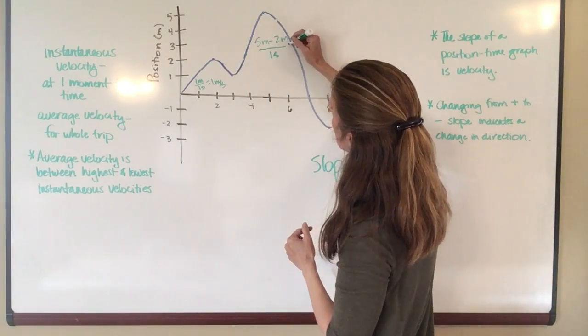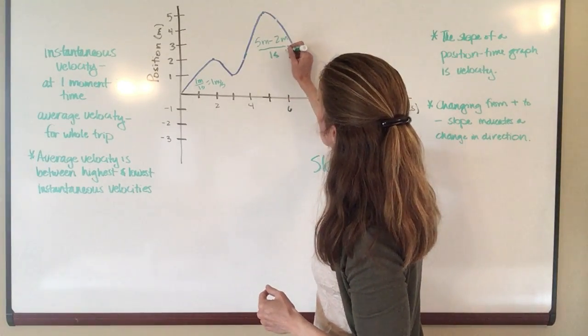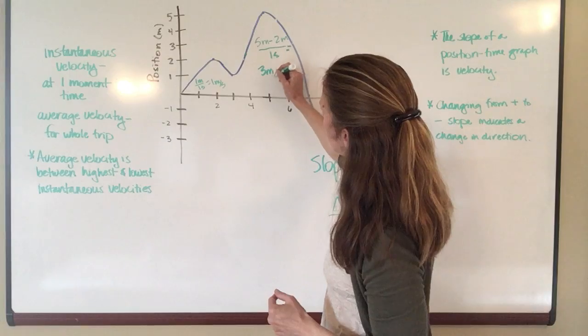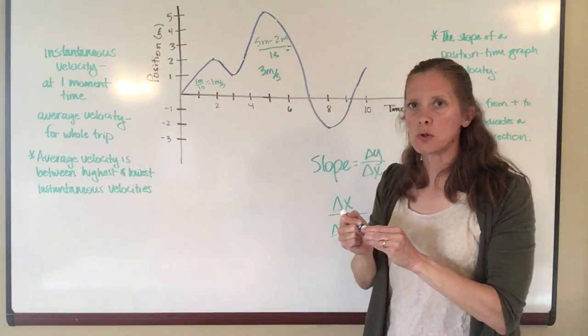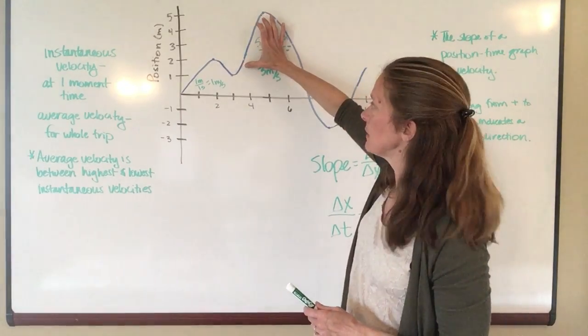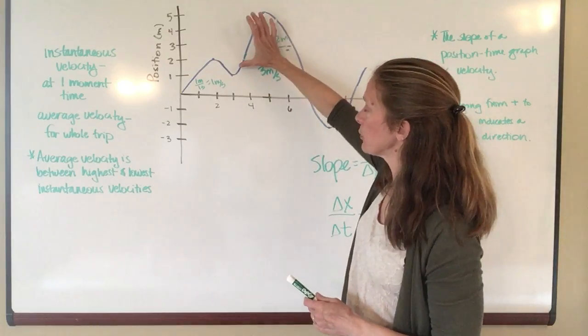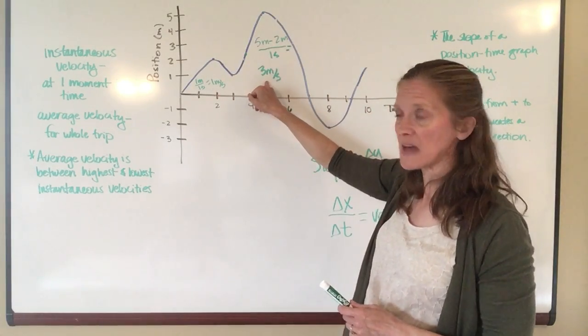So over this portion of the graph, my velocity is going to be 3 meters per second. Now, if you look at this, you can tell that this piece of the graph is much steeper than this piece of the graph. So that tells us that the steeper the slope, the higher the velocity.